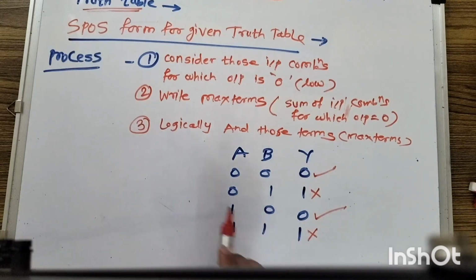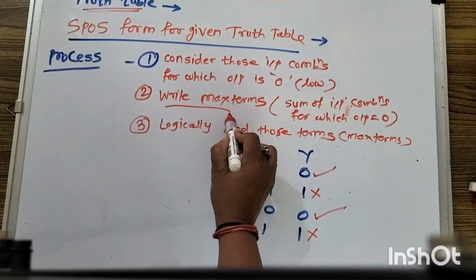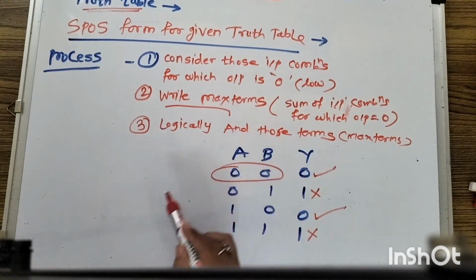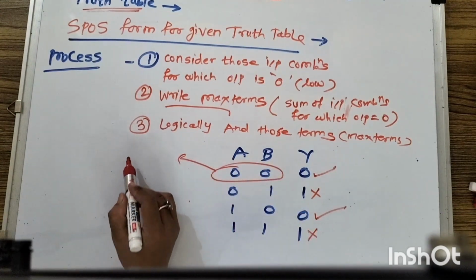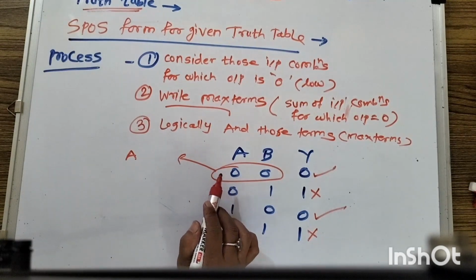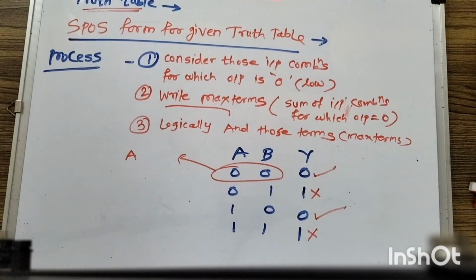What is the second step? Write the max terms. The max term means sum of input combinations. So this is our first input combination, so write the sum of this combination. That means A 0 means what? A bar or A?